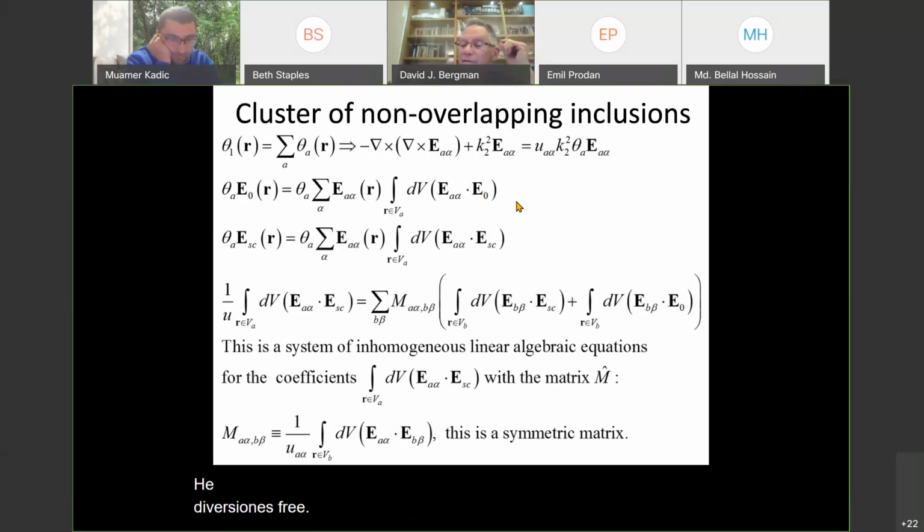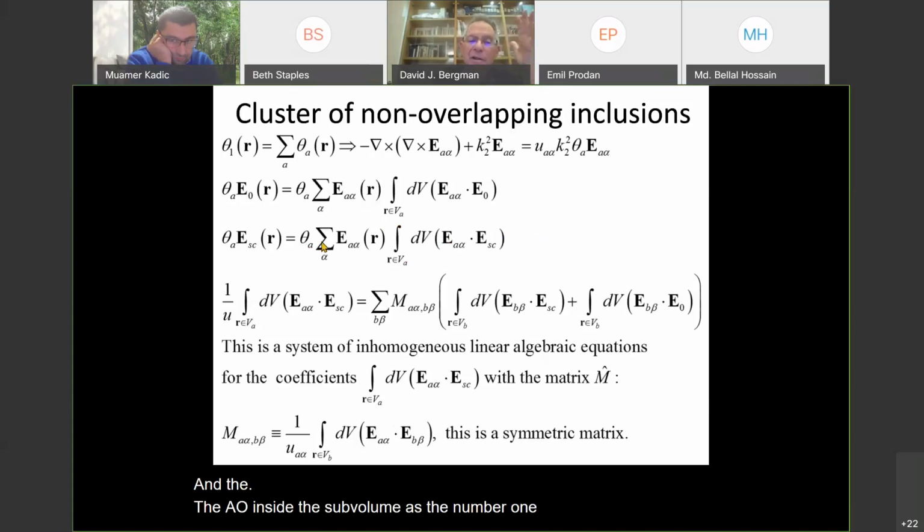They're divergence free everywhere, but the fields E0 and also E scattered are divergence free only inside the VA, or inside the subvolume of the number one constituent.